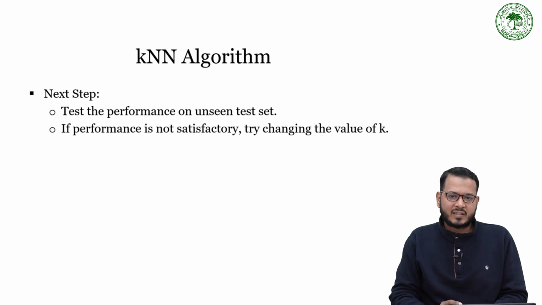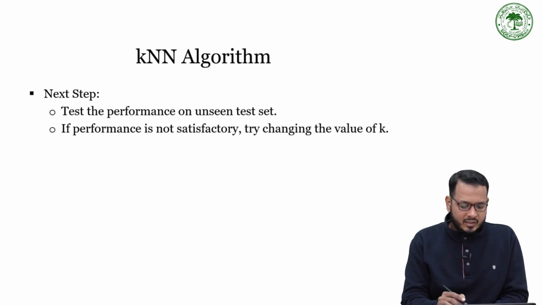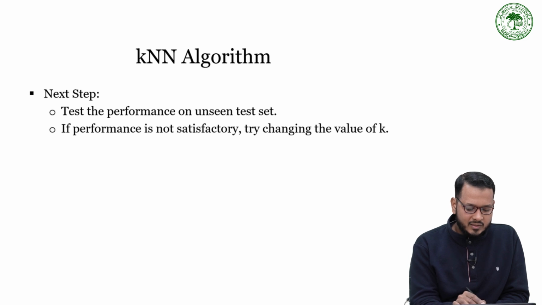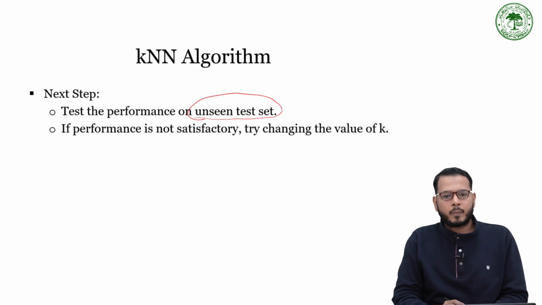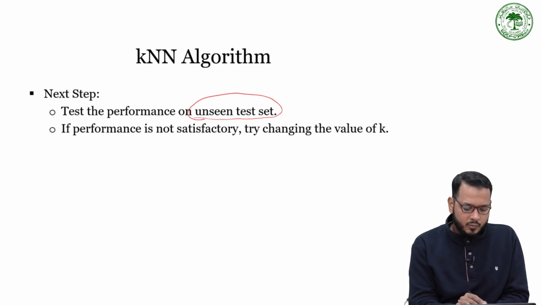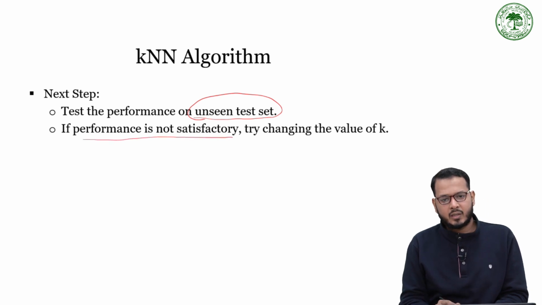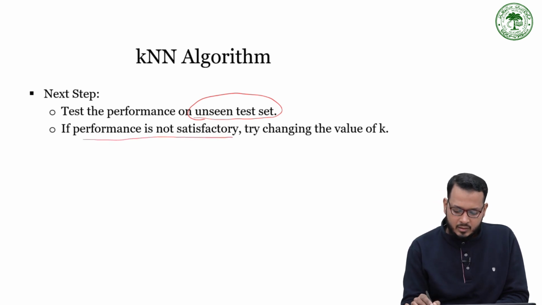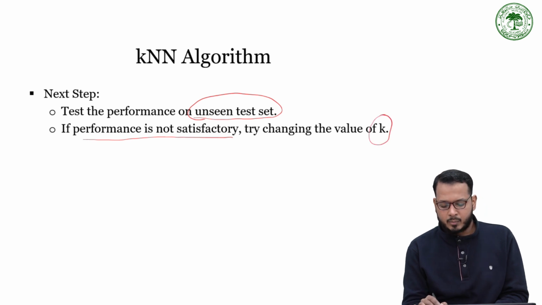Now, what is the next step? Like any supervised learning, the next step is to test the performance of the algorithm on unseen test data. In the case of k nearest neighbor, if you find that the performance of the algorithm is not satisfactory, then we usually try to change the value of k, the number of neighbors.